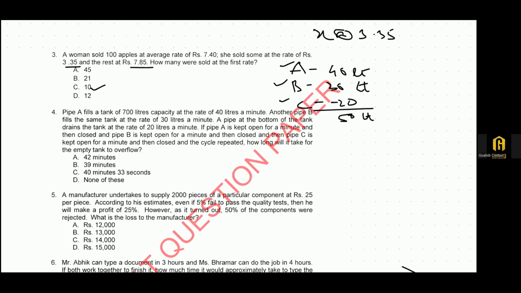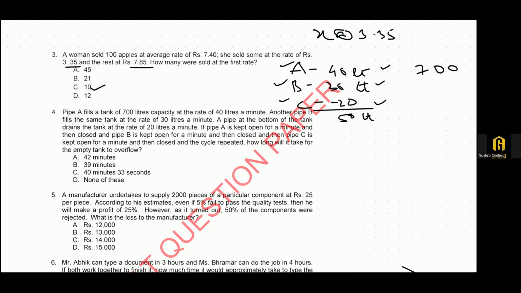Now, here we have the capacity of the tank as 700 liters. So what must be coming to your mind? We directly divide 700 by 50 and we'll get the answer. Correct? We can do that, but I will suggest you not to do that because it's a tricky question. We'll proceed very cautiously.